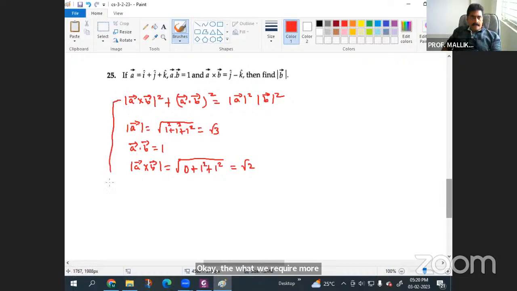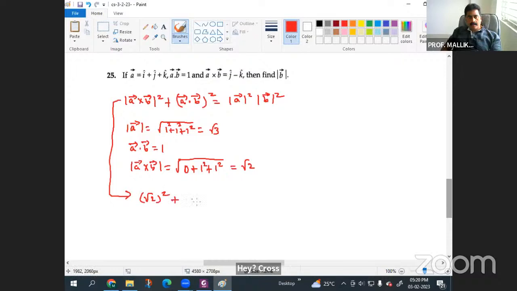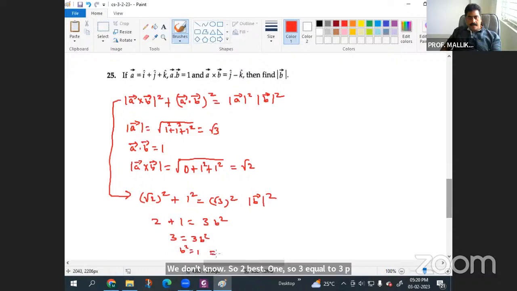Now I will take this formula. A cross B root 2 whole square plus A dot B 1 square equals mod A square, root 3 whole square, into mod B square. We don't know mod B. So 2 plus 1, 3, equals 3B square. So B square equals 1. Then B equals 1. Don't write plus or minus.